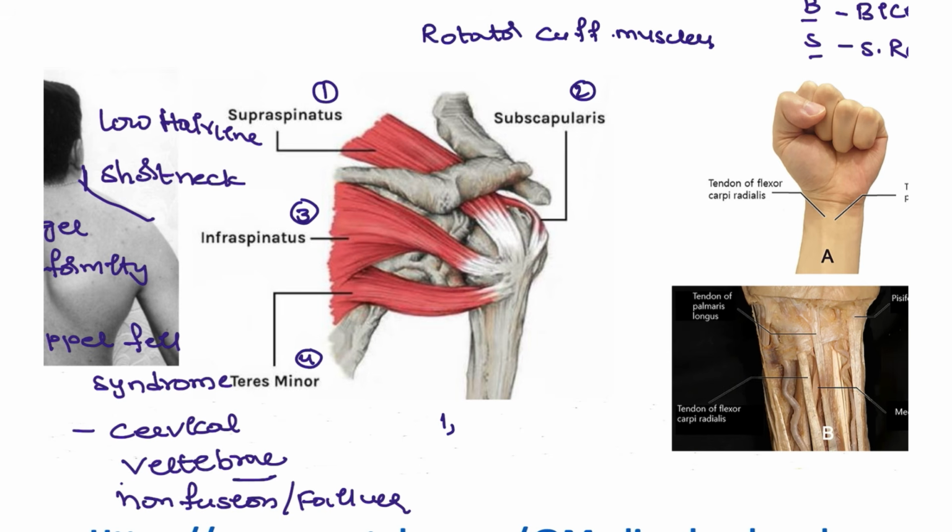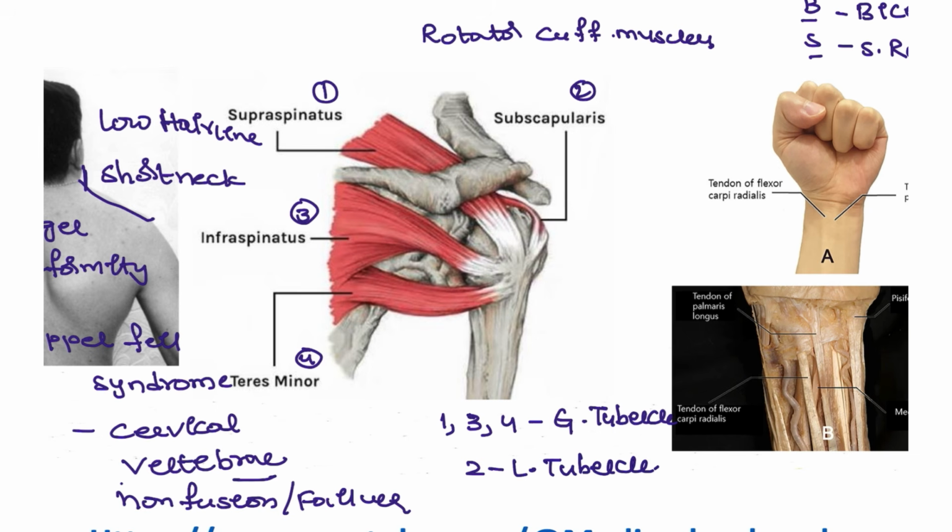The first muscle, the third muscle and the fourth muscle are attached to the greater tubercle. Okay, and the second muscle is attached to the lesser tubercle.